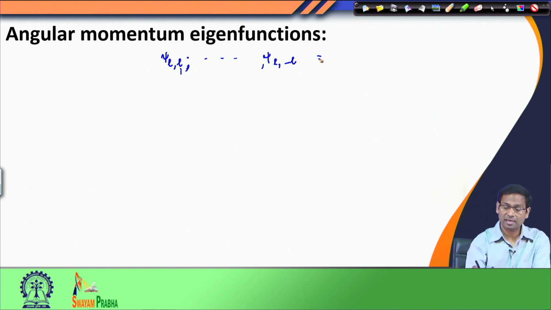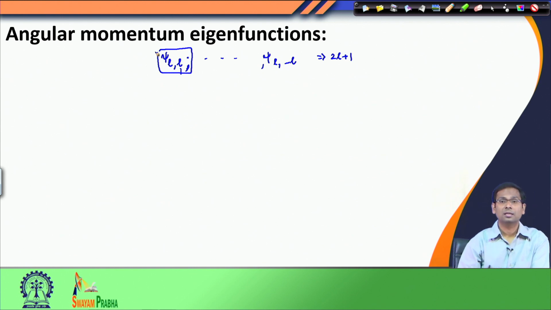In this way I can construct 2L plus 1 eigenfunctions, where psi L L is the eigenfunction corresponding to the m value having the largest possible value, and that value is L.